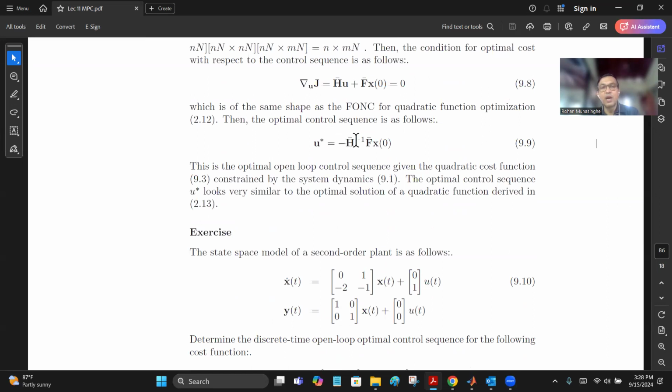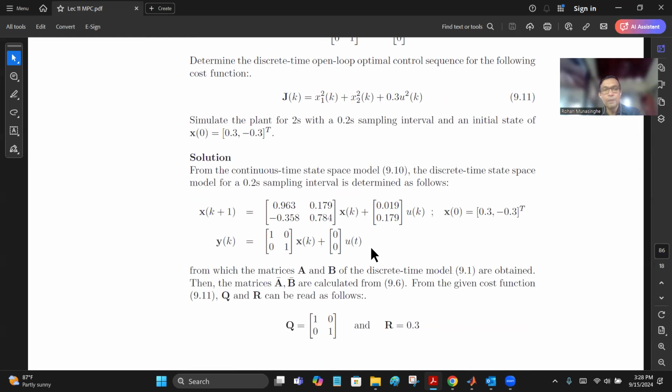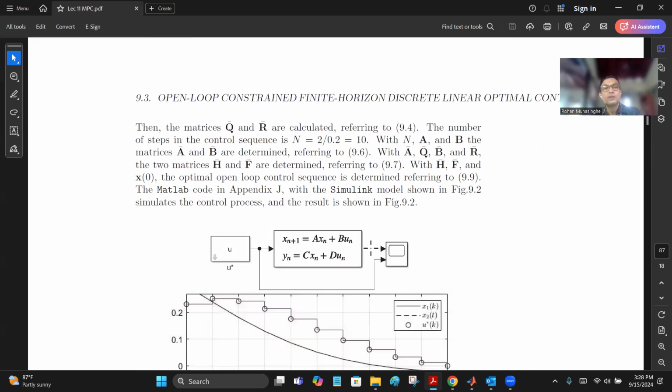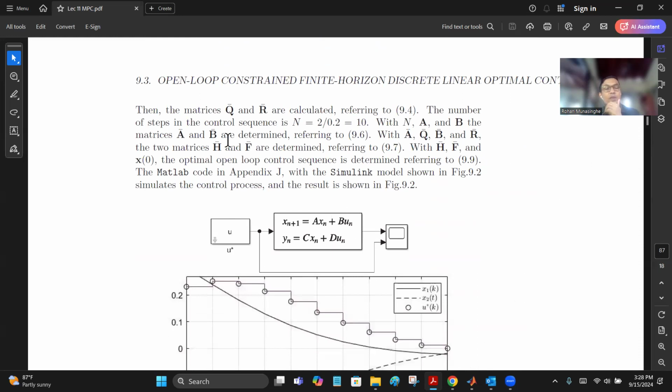Because this H bar, F bar, they are coming from eventually A, B, Q, R. Okay. So the matrices Q bar, R bar are calculated, referring to 9.4. Go to that equation, calculate Q bar, R bar.